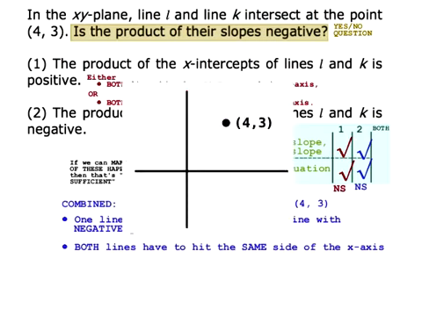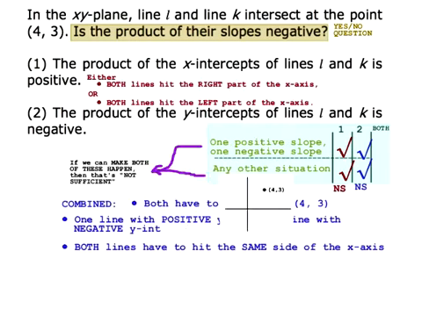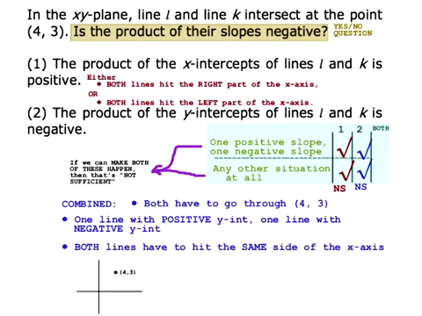Because statement 1 by itself is pretty abstract, because it could allow for the x-intercepts to be 2 positives or 2 negatives. But remember, you have to have one line.